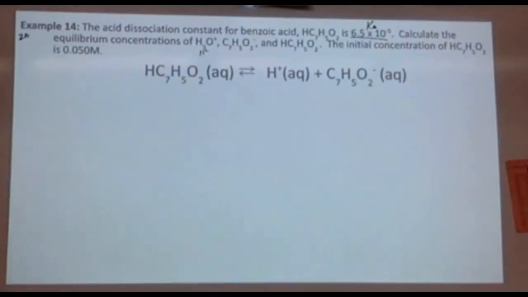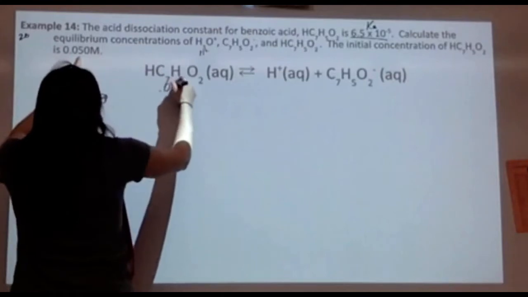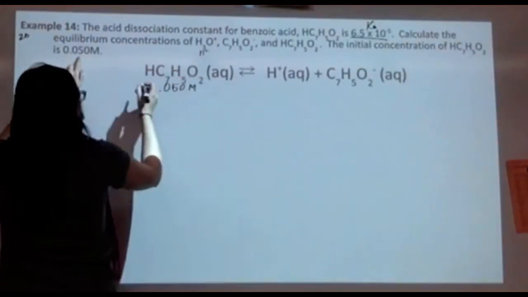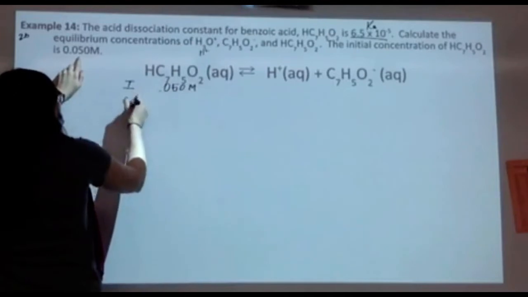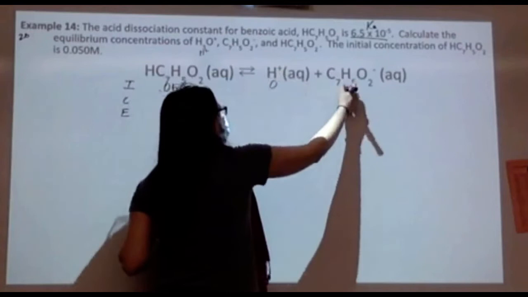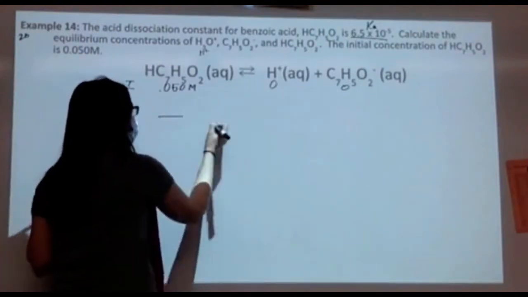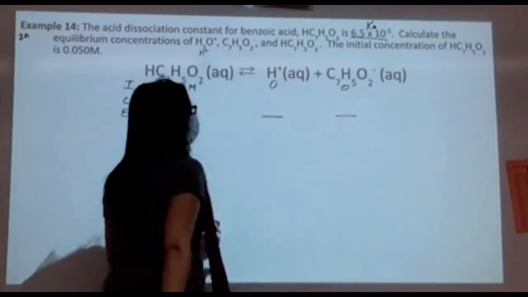The initial concentration of benzoic acid is 0.050 molar. So they gave us an initial concentration. We don't have anything for the ions initially. All they told us initially is that we have our acid. They didn't give us any other information except for the Ka. Our goal is to find each of these equilibrium concentrations.